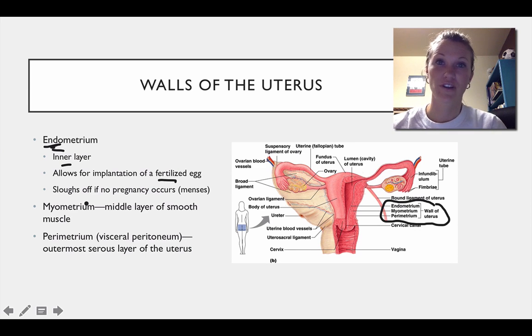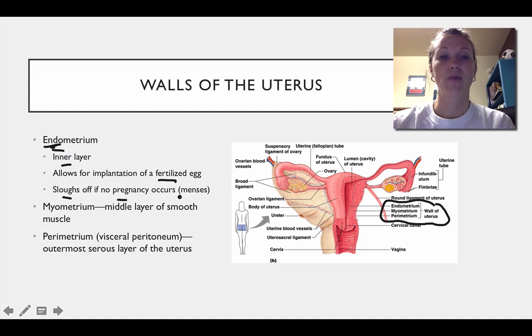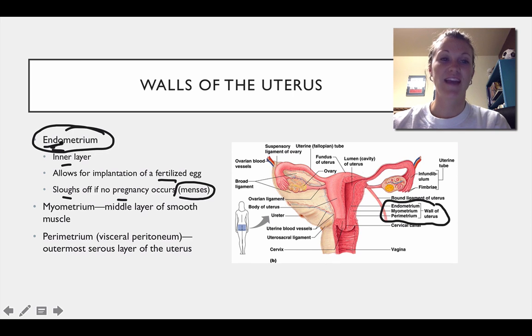If there's no fertilized egg, it will slough off because no pregnancy occurs, and that is the onset of menses. The menstrual cycle is the shedding of the endometrial layer. The myometrium is the middle layer, made up of smooth muscle. The perimetrium, or visceral peritoneum, is the outermost serous layer of the uterus.